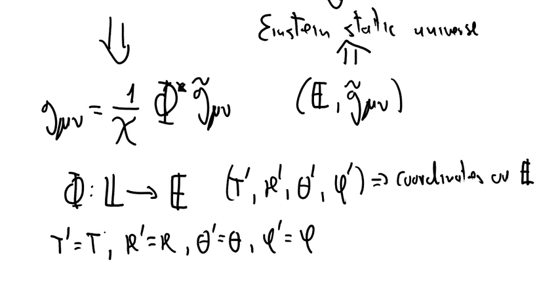Coordinates without prime are coordinates on the Minkowski spacetime, and prime coordinates are coordinates on the Einstein static universe.